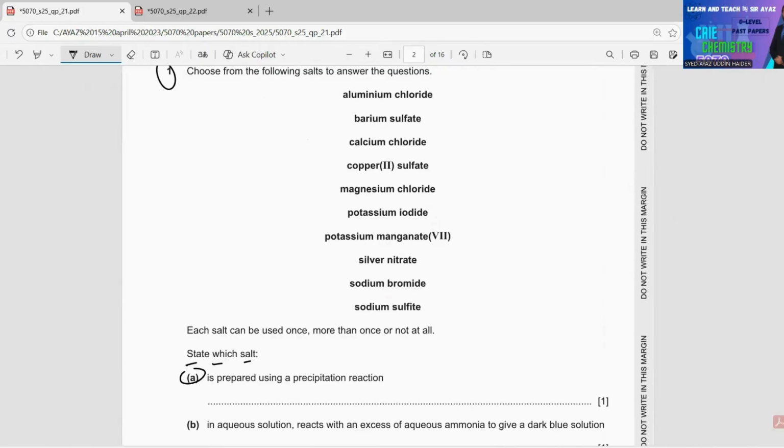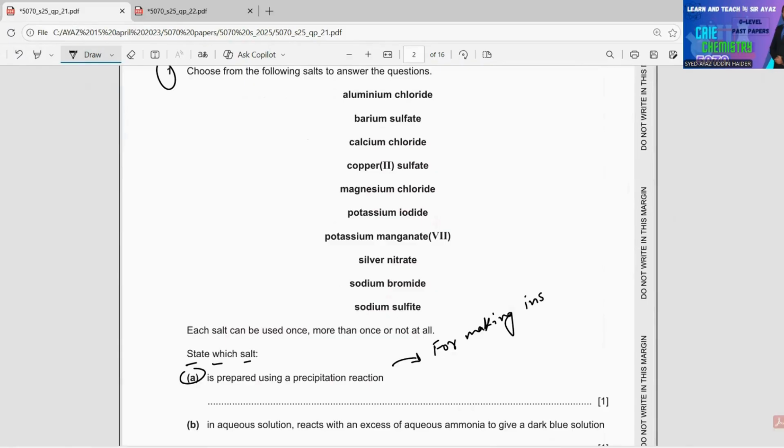In precipitation reaction, we are making insoluble salt. For making insoluble salts, you have to recall the solubility rules.